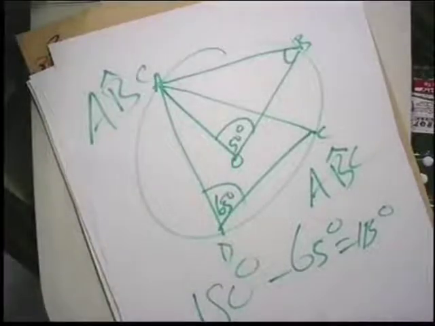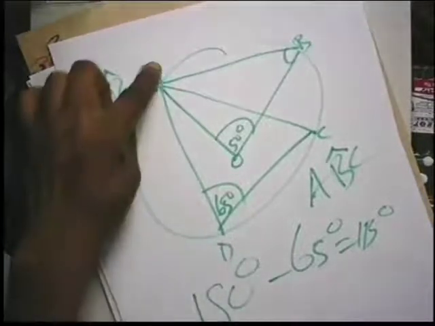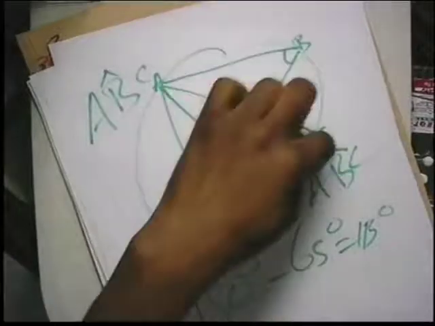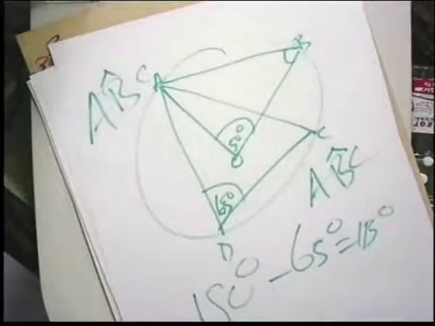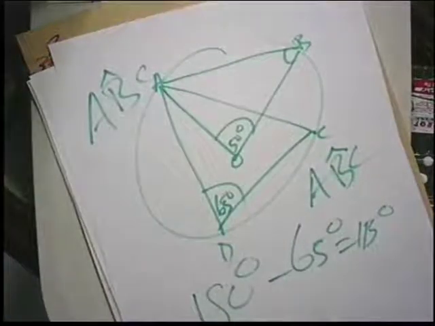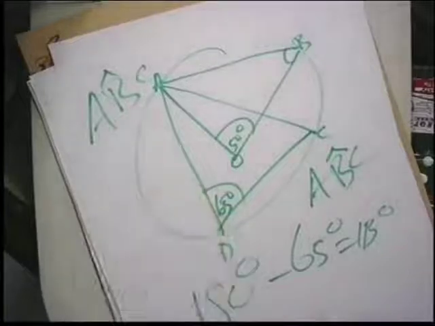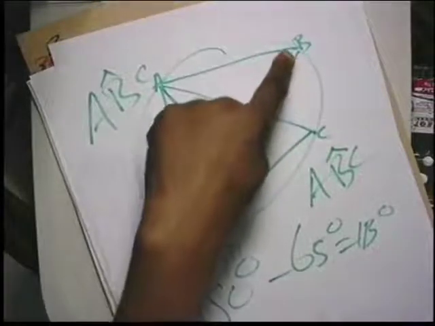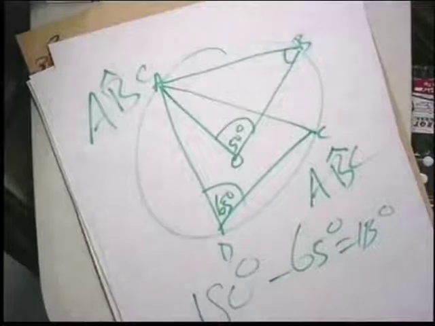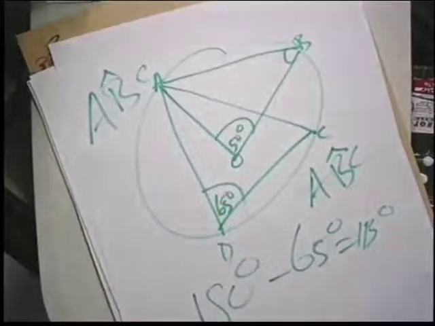Now you will ask me, why is it so simple? Look at the diagram very well. ABC is a triangle, which is 180. But there's a 65 already there. So for you to get this angle, you just subtract this one from 180, then you get this.